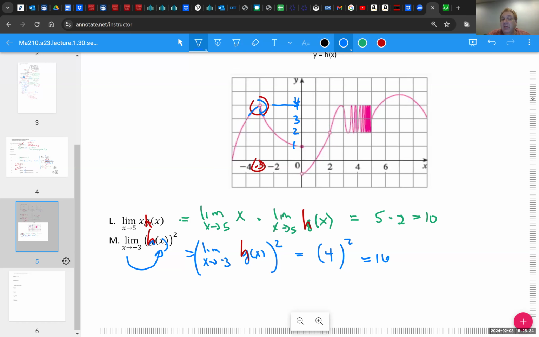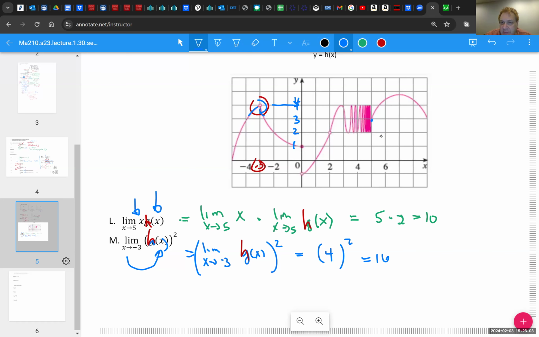And back to example L, if I'm using the h(x) function instead of the g(x) function, I would have the limit as x approaches 5 of the x part, this first part right here, and then the limit as x approaches 5 of the h(x) function, that part right there. Well, we know x is 5 when x is very, very close to 5. What about for the h function? Well, 5 is right here, and I don't know what that is.